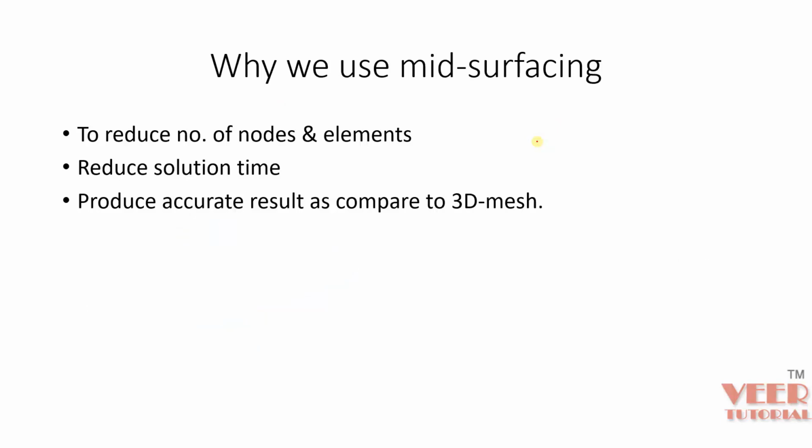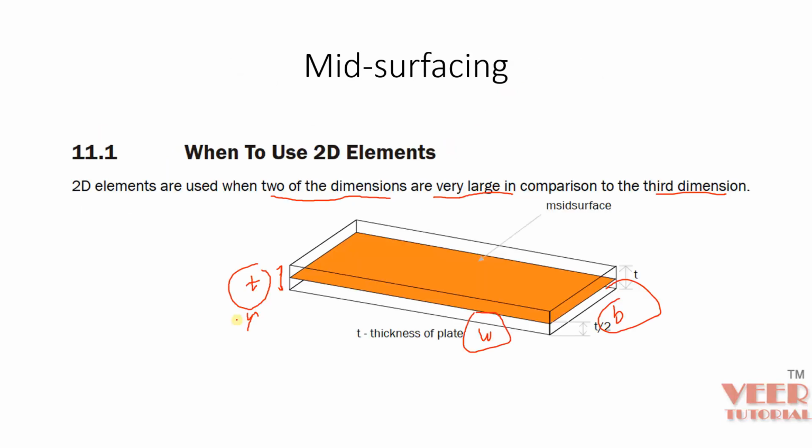Now of course the question comes to mind, when we already have 3D meshing, then why do we perform 2D meshing or mid surfacing? The first advantage of using mid surfacing is that it significantly reduces the number of nodes and elements. If you go to this plate, when you perform a 3D meshing of this plate, it is going to create a large number of nodes and elements.